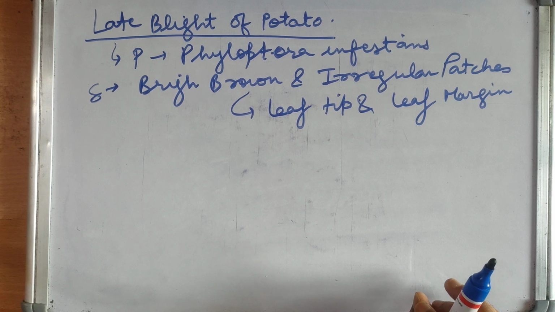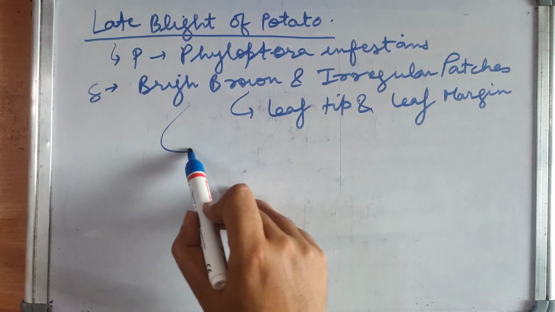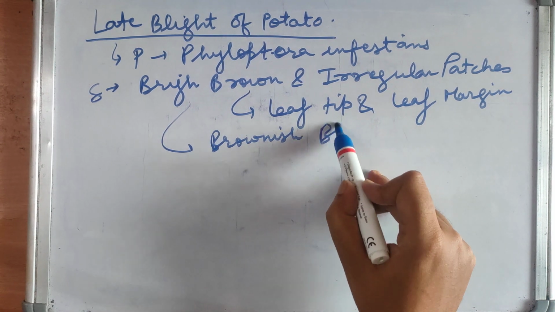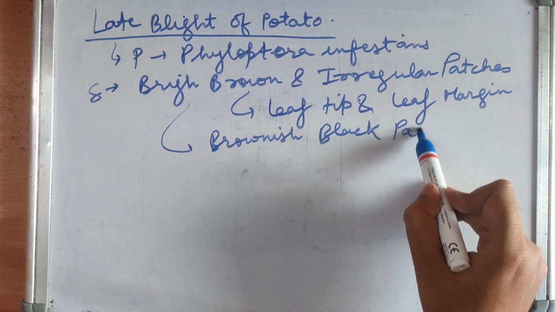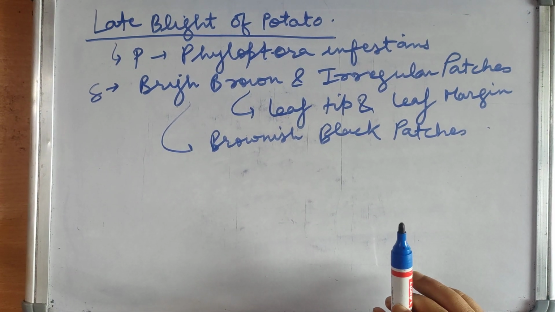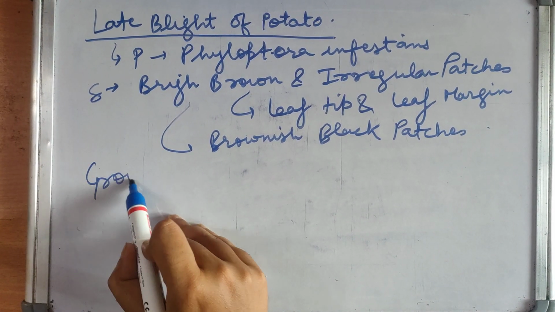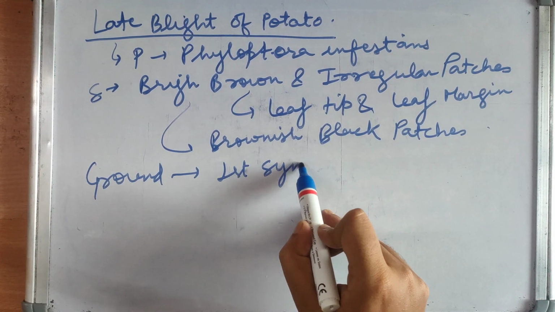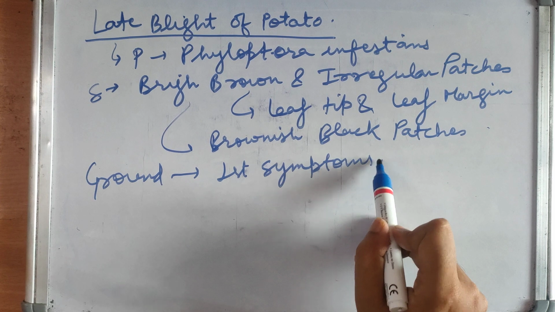Later on it turns into brownish black patches. The leaves that are closer to the ground show symptoms first, in the initial stages.